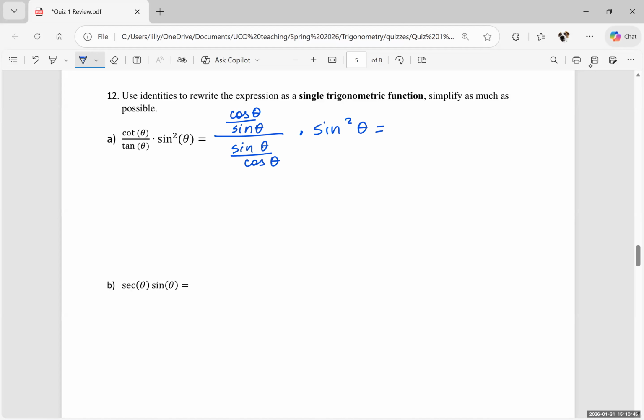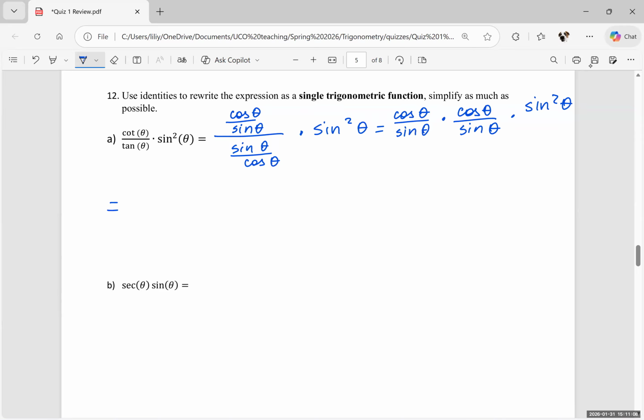And now the two-story fraction, I'm going to break it up. So cosine theta over sine theta times cosine theta over sine theta. You flip the bottom fraction, the one that's in the denominator, times sine squared theta. Well, hopefully you can already see it.